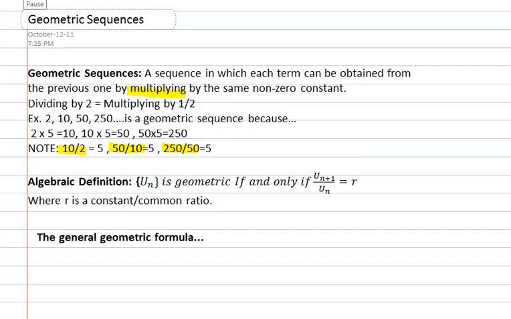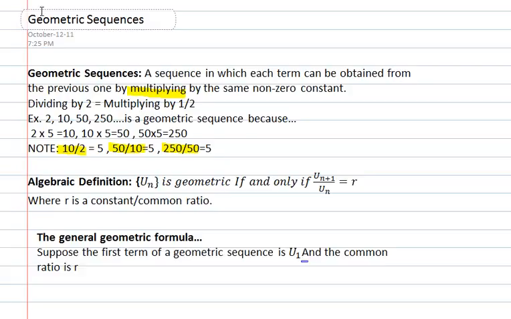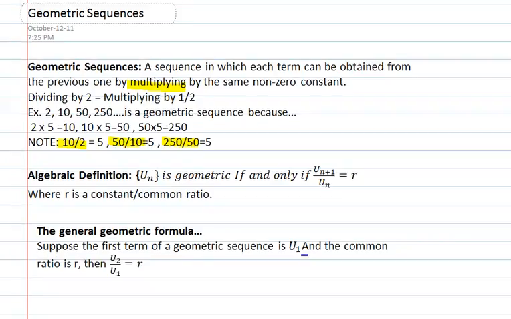Let's take a look at how we can derive the general geometric formula. Suppose the first term in a geometric sequence is u1. It's irrelevant what that number actually is, because we're just trying to find a formula for the general statement as opposed to a specific one. If the first term is u1 and the common ratio is r, then u2 divided by u1 equals r.